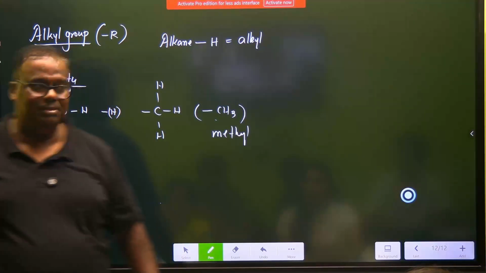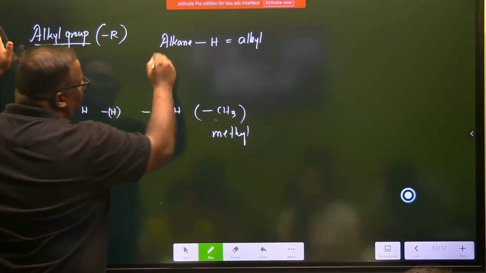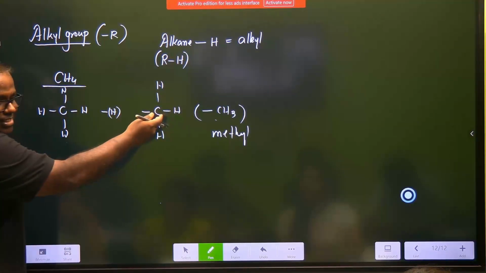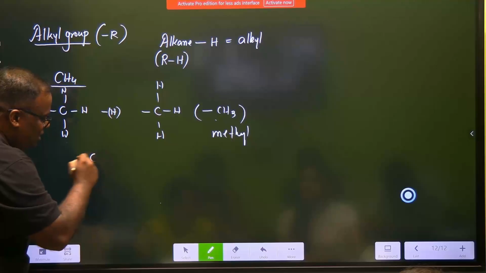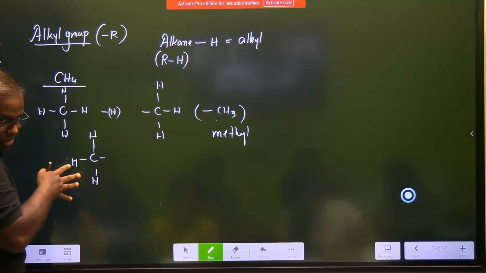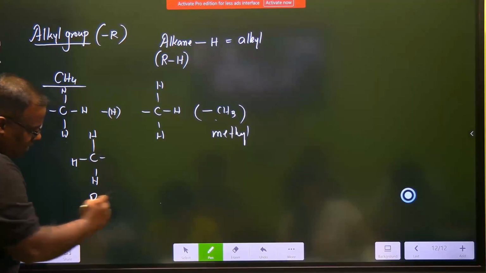Got it? So let's understand, if alkyl is shown as dash R, an alkane can be shown as an alkyl which got paired with a hydrogen. To make it an alkane, what do we do? This thing is R dash.